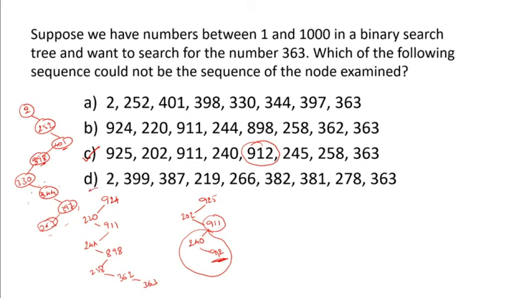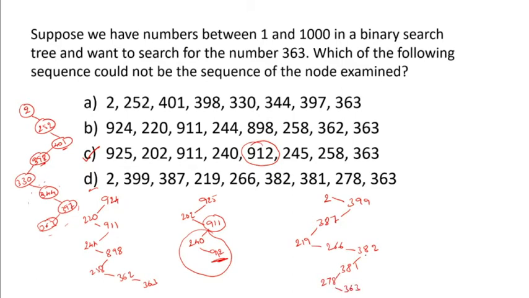Let us also check this D. 2 and 2 is greater, 399, 387. So 387 will come to the left, and then 219 to its left, and then 266 to its right, 382, 381, and 278, and 363.